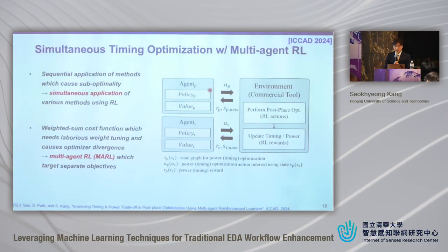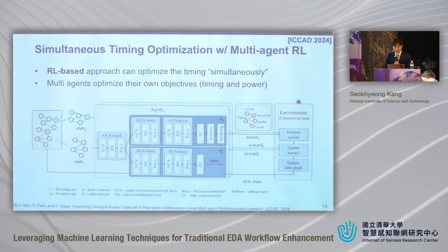Each agent has a policy and value network, and they communicate with the total environment based on the real commercial tool. We receive the circuit data based on the graph, and we use a graph convolutional network. After that, each agent determines which policy is the best, and based on that policy, we change the circuit.